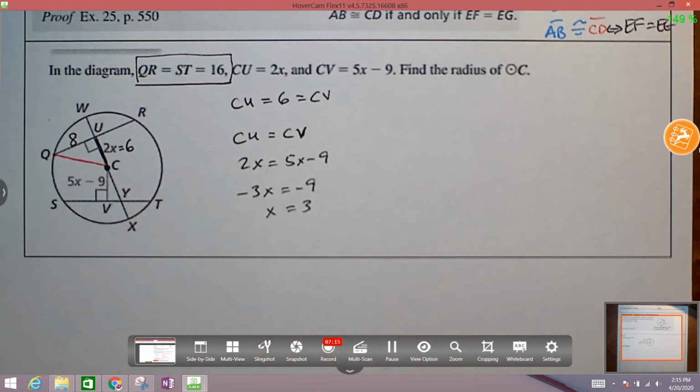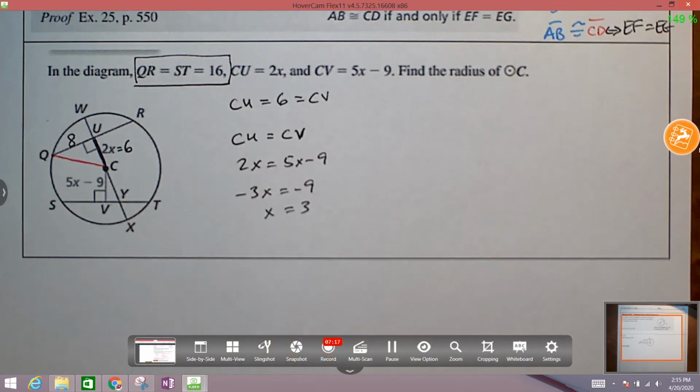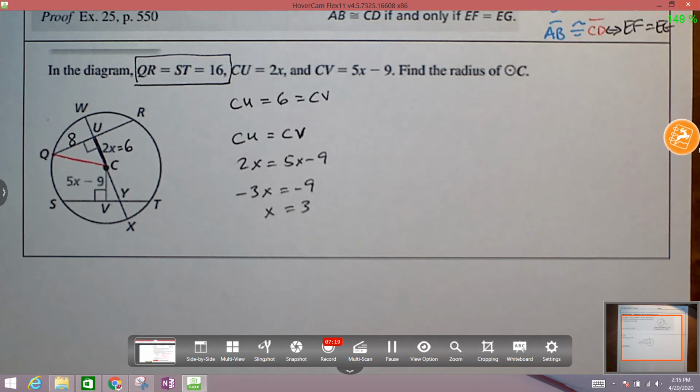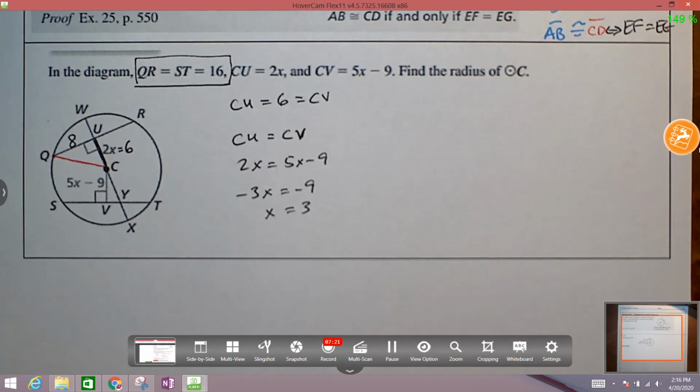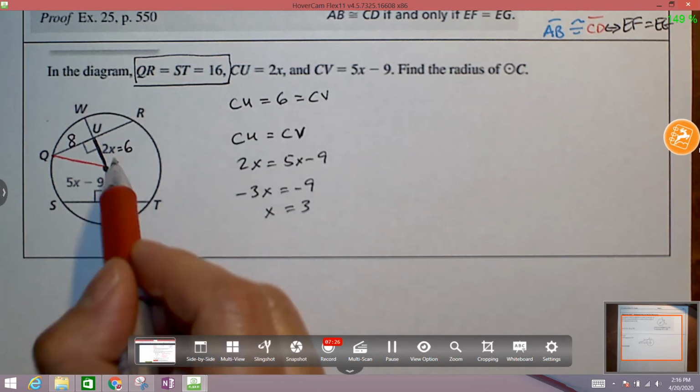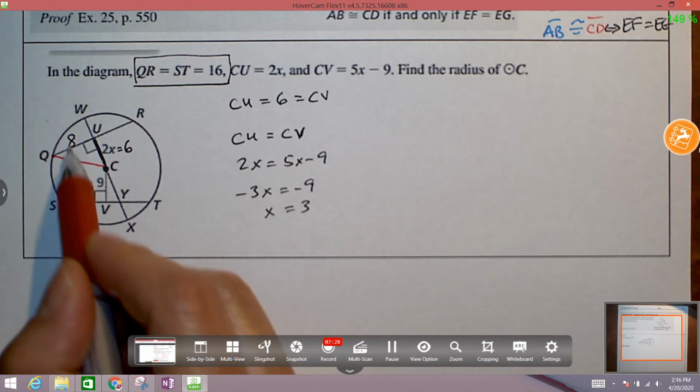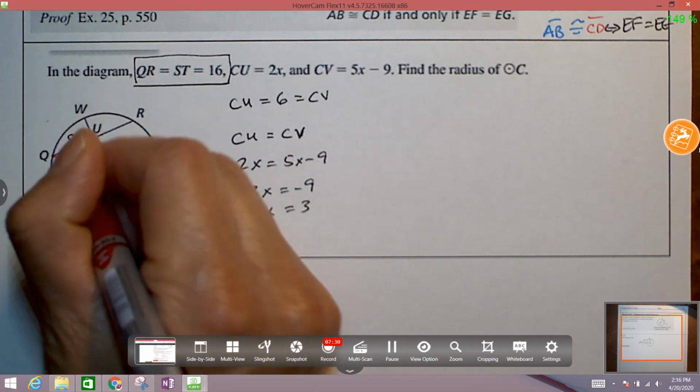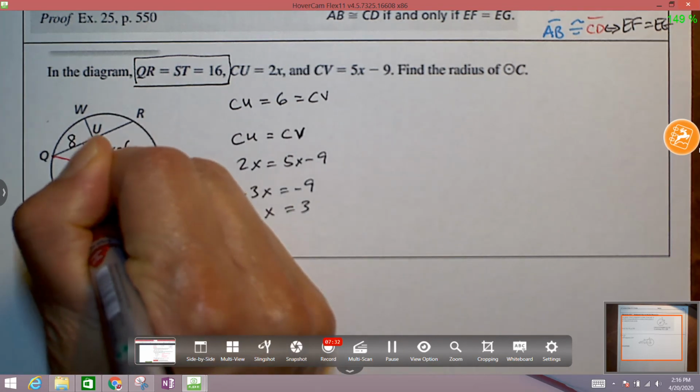This sounds a lot like a Pythagorean triple. You guessed it, this is a 3, 4, 5 Pythagorean triple. It is scaled up by a factor of 2. So this is 3 times 2, this is 4 times 2, so this would be 5 times 2, which is 10.